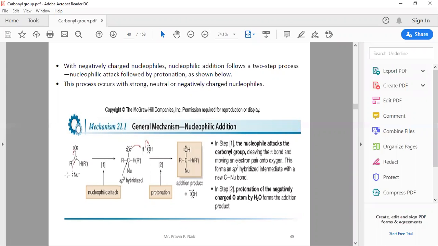If you see the reaction mechanism, the nucleophile attacks the electron deficient carbonyl carbon, the electrophile, and the carbon becomes sp3 hybridized, then the oxygen gets protonated and it forms the addition product, that is alcohol. So in the first step the nucleophile attacks the carbonyl group, and in the second step protonation of the negatively charged oxygen by a water molecule.